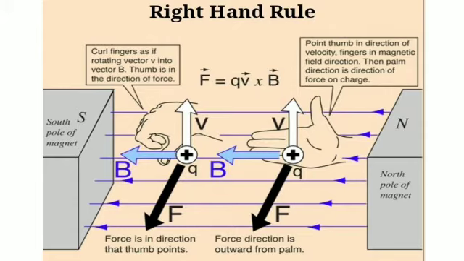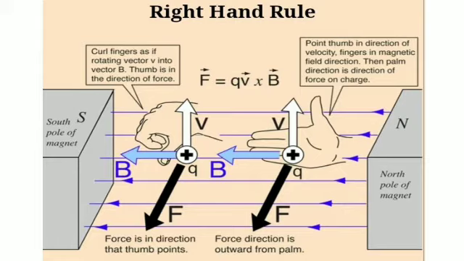Now, as we have discussed the right hand rule, you can see here the very first diagram: force is in the direction that the thumb points. So curl the fingers as if rotating vector v, where v is the velocity of the electron or the charged particle, into vector B, where B is the magnetic field, and the thumb gives the direction of the force. Now see the second diagram, where the force direction is outward from the palm.